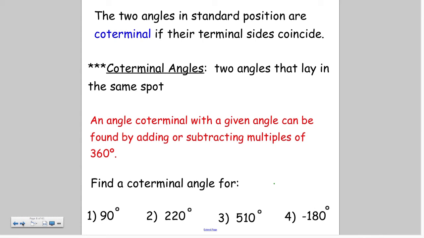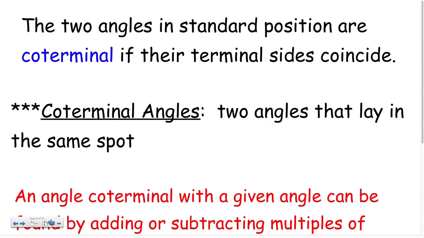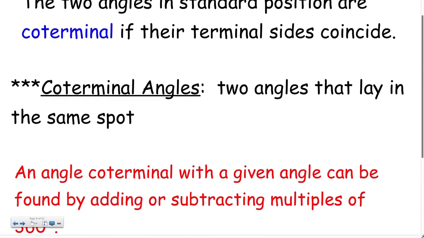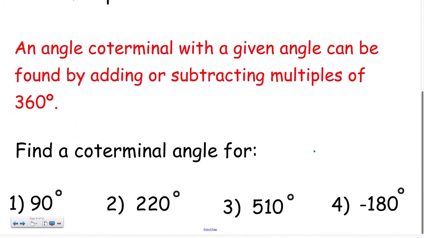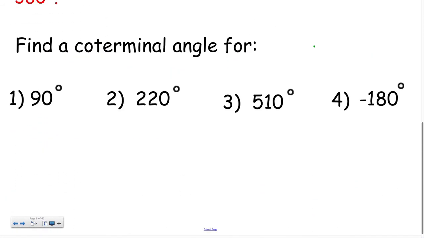For example, 90 degrees. So I want to find an angle that lies in the exact same spot as 90 degrees. So if I just think about it visually, there's 90, and if I go in a complete circle again, I've gone 360 degrees, which is 450 degrees. So 90 and 450 are coterminal angles.